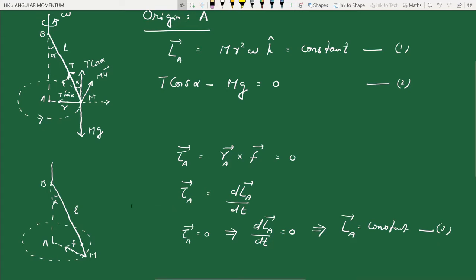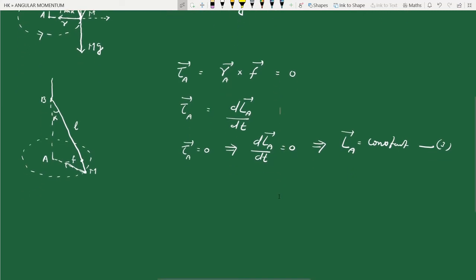In equation 1 we have established that angular momentum about the origin A is m r omega square k. Its magnitude as well as direction always remains constant. So about origin, angular momentum is constant and torque is 0. This is consistent with the result that torque is equal to the rate of change of angular momentum.